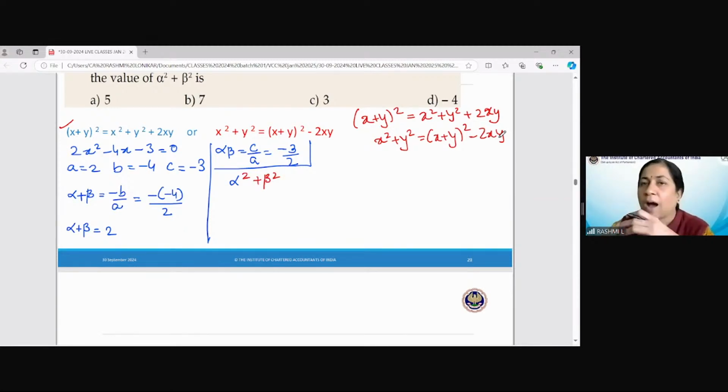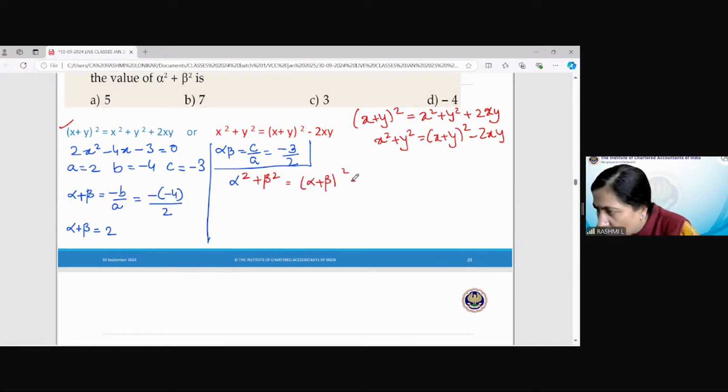Because I have this unique thing, and this is unique to quadratic equation. If I have a plus b or x plus y, that is sum of roots, and a into b or x into y, then I have product of roots. So here I'm going to write it as alpha plus beta whole square minus 2 alpha beta.